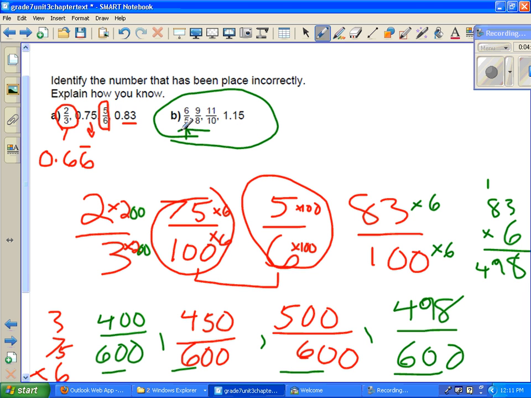And you could compare these three then. You would change this to 1 and 15 over 100, which of course would be 115 over 100 if you change it to an improper fraction. So again, some denominators are really easy to change and some are a little bit harder, and sometimes you don't have to change them at all.